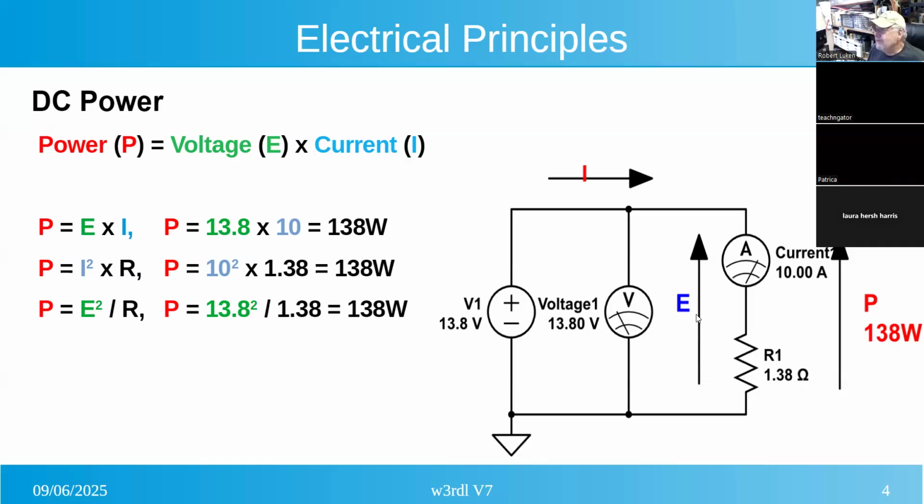This one with the blue E is the voltage, the electromotive force. So there's a voltage across this resistor because there's current flowing through it. There's voltage because it's resisting the current flow, and it does that by producing an opposing voltage.